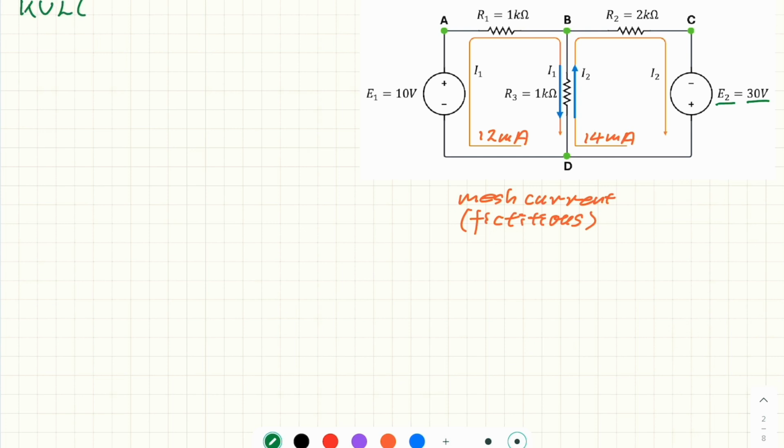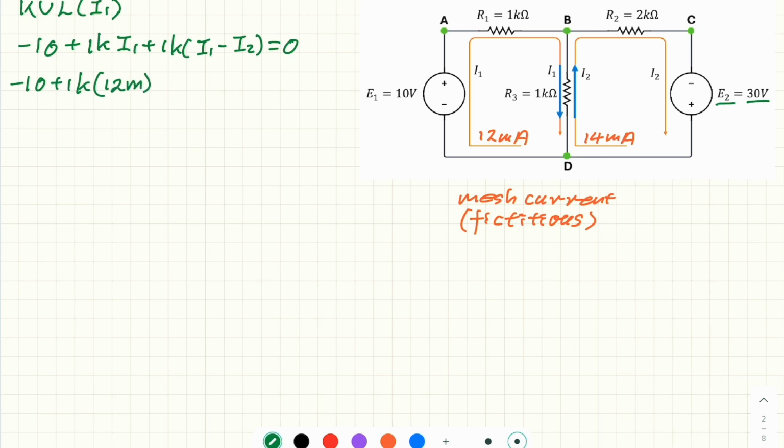KVL for mesh current 1 is minus 10 plus 1k I1 plus 1k (I1 minus I2) equals 0. Now we substitute I1 and I2 and check if they equal 0. Minus 10 plus 1k times 12m plus 1k times (12m minus 14m).